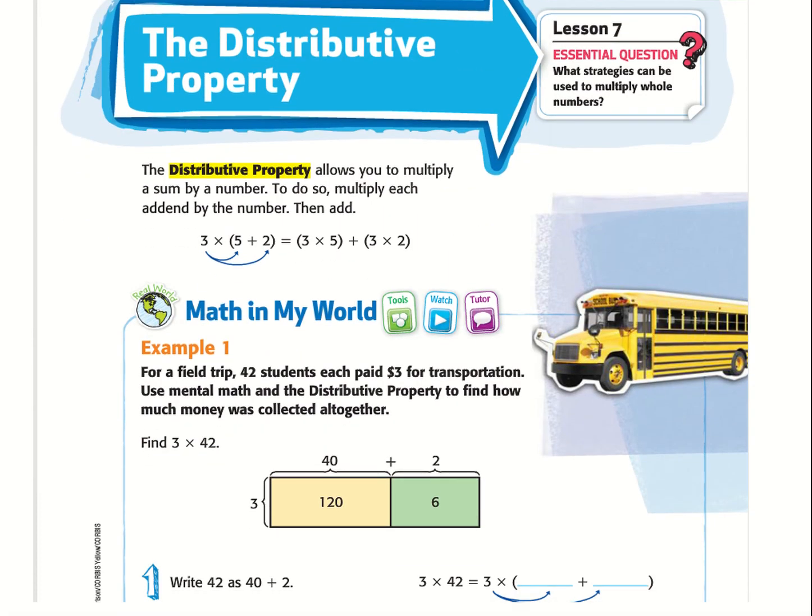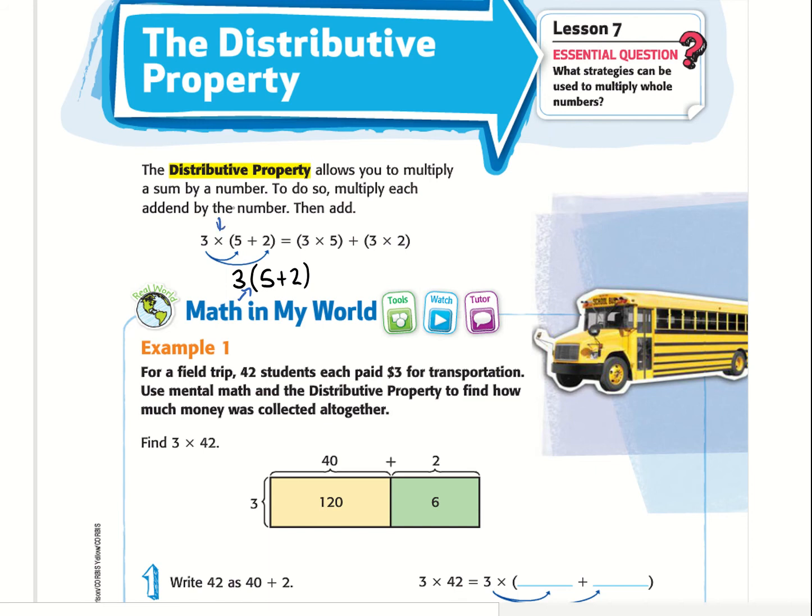But anyways, we're on page 119, and what we're going to do is this distributive property. You can rewrite this as 3 parentheses 5 plus 2. There's a good chance I may be writing it this way. Whenever you have a number right next to a parenthesis, like here, that always means to multiply.